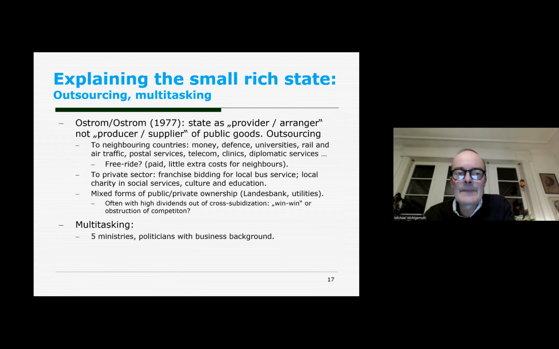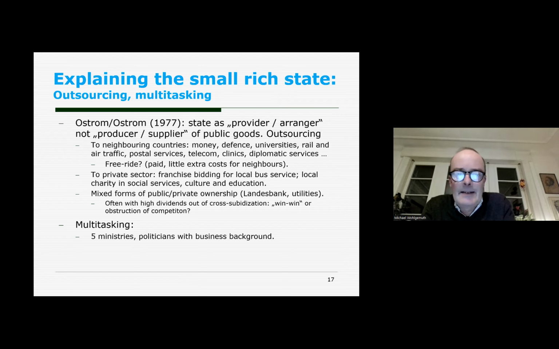And now, how can we explain that Liechtenstein has such a huge GDP per capita, and also that it does pretty well to produce a very decent social state and to provide at least most public goods like any perfect welfare state or productive state as any other?